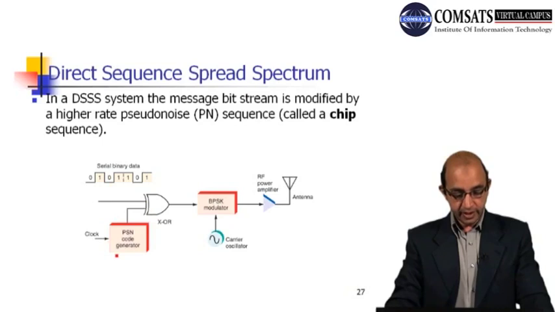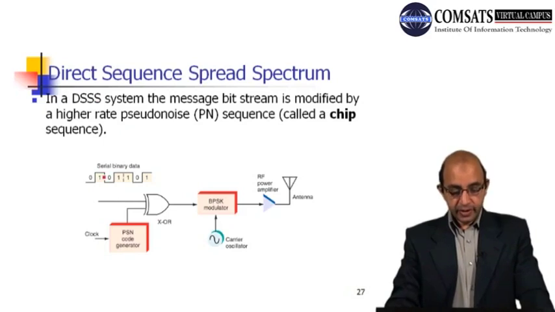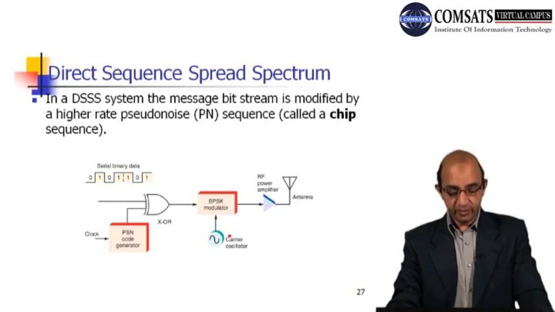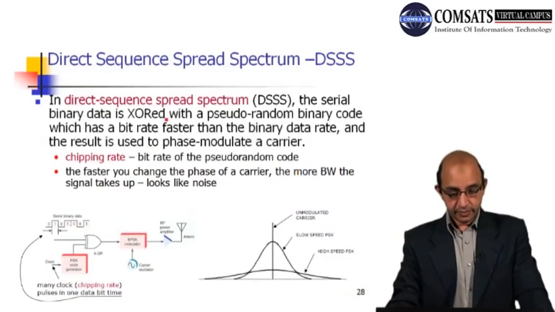The serial binary data and the PSN chipping sequence from the PSN code generator are XORed. Then we are modulating with a BPSK, binary phase shift keying modulator, and this is the carrier, and then we have the power amplifier and the antenna, and we have radiated the corresponding EM wave into free space.